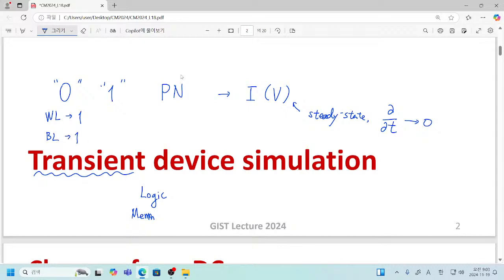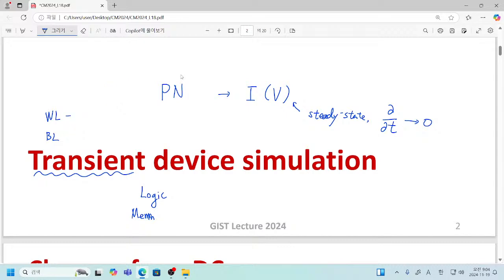This kind of pulse should be applied to your memory device. After some time has passed, your memory device remembers the value applied, for example, in the case of the bit line. So transient simulation is really important for some cases.